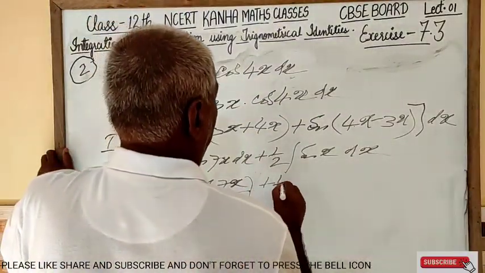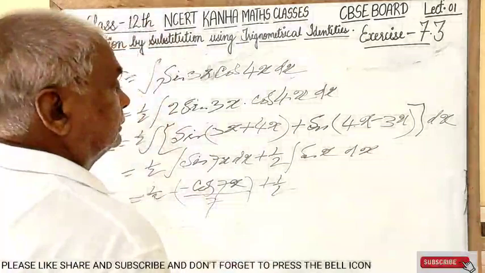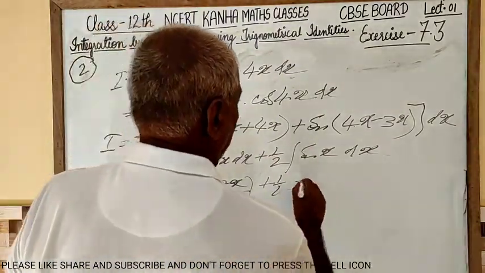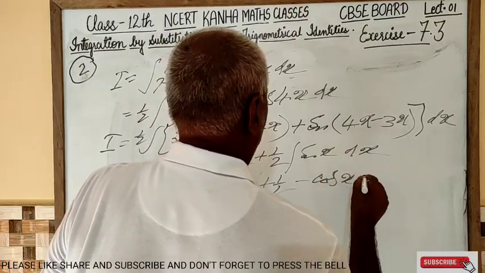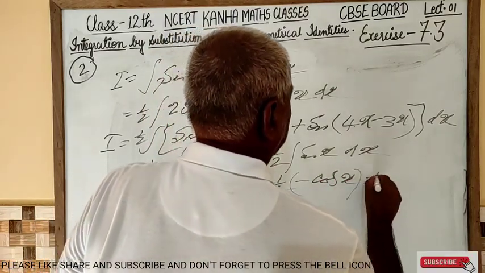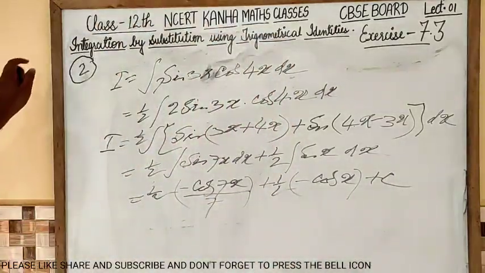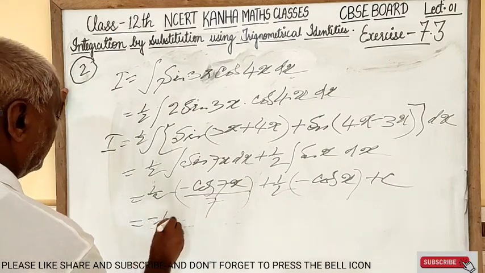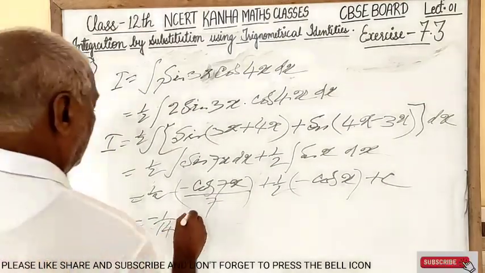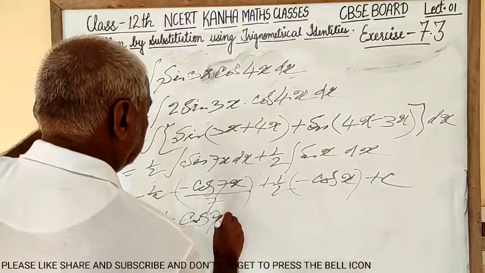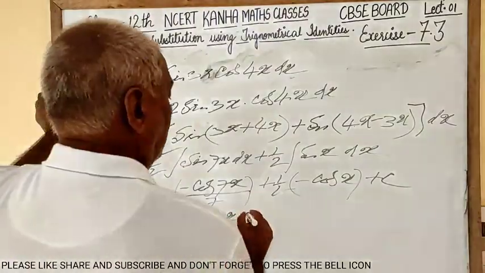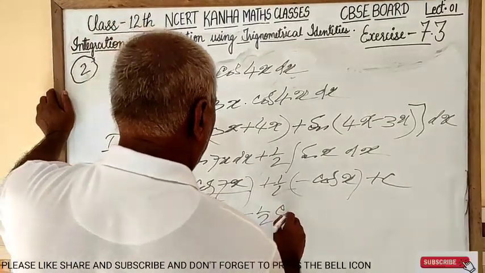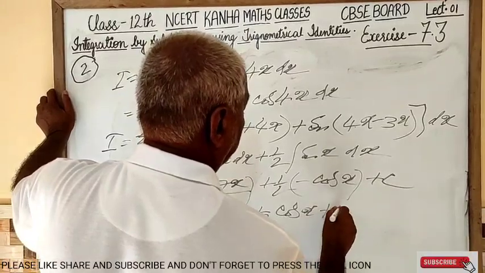Here further, the integral of sin x means minus cos x. Now we see, 2 into 7 is 14, so minus 1 upon 14 cos 7x minus 1 by 2 cos x plus c.